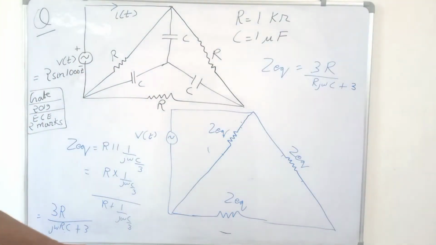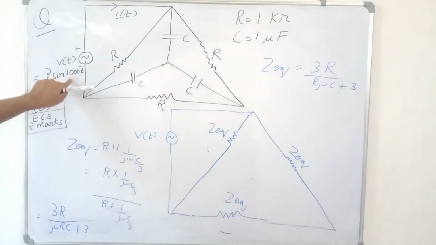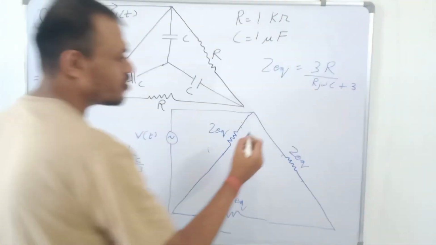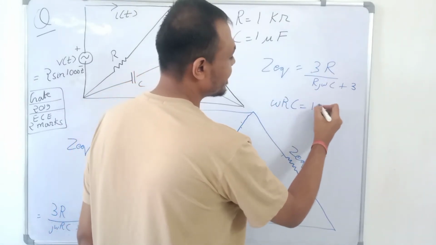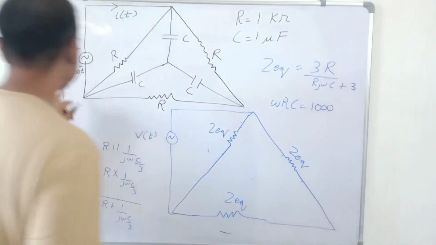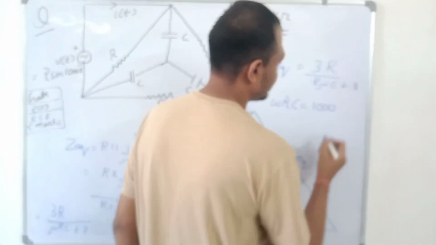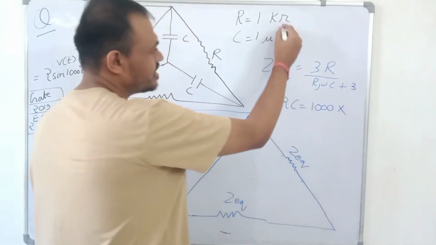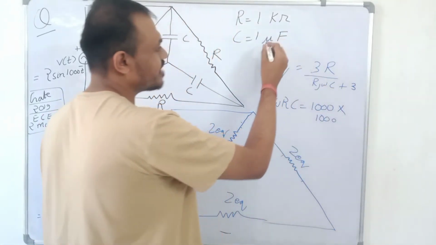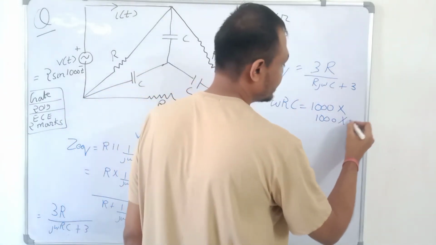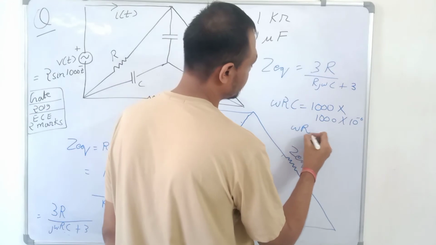The value of omega here is 1000, because it is 2 sin 1000 t. The value of R is 1 kilo ohm, so again 1000. And the value of C is 1 microfarad, so 10 to the power minus 6. So the value of omega RC is equal to 1.